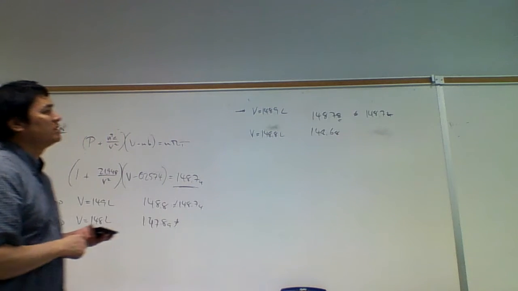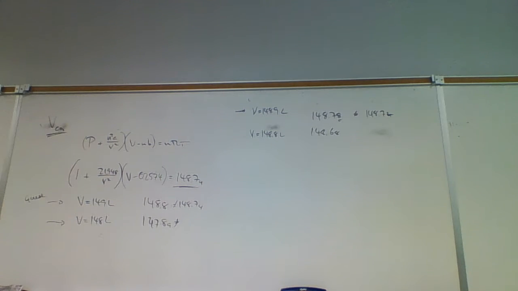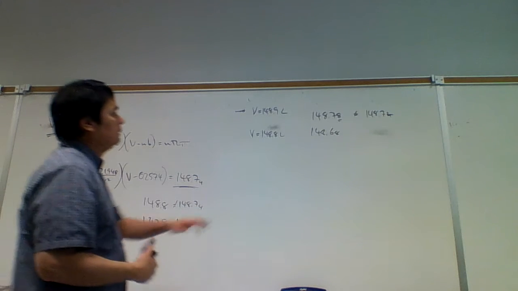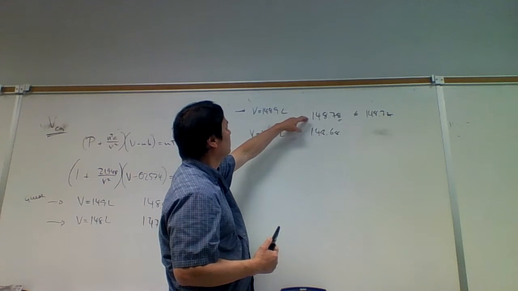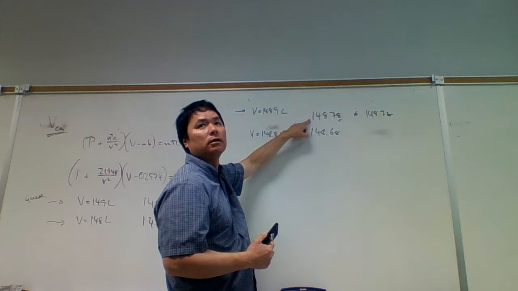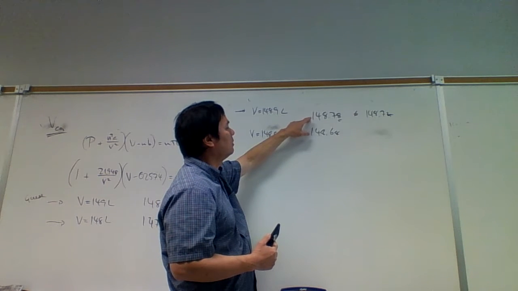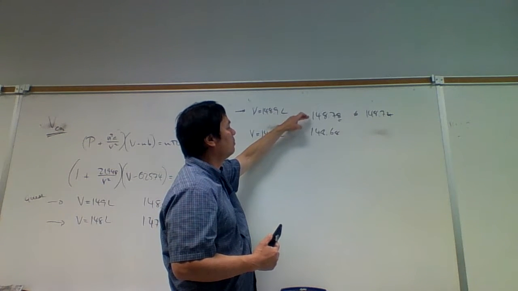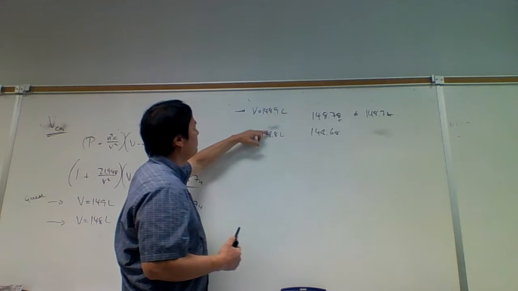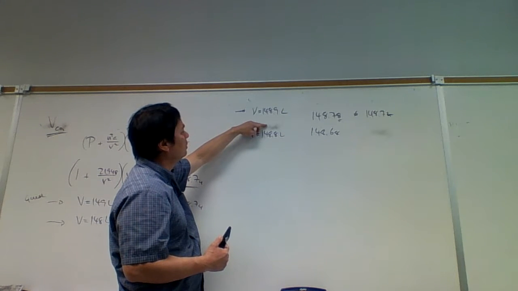I want 148.74 as my target, so where am I? This is about 10, right? In fact, this is 10. So if I want 7.4, then I got to go 6 above this, 4 below this.